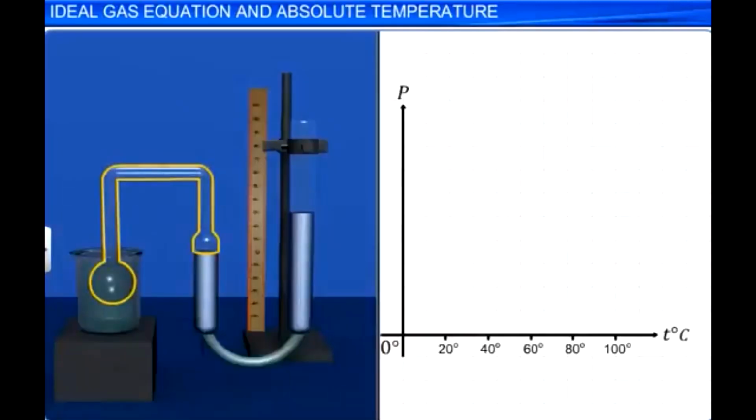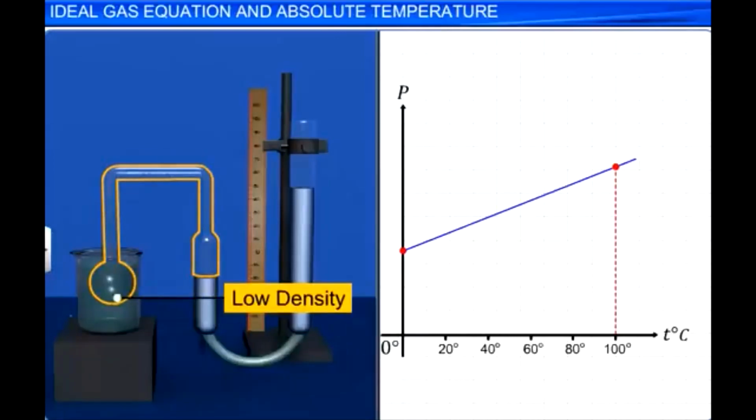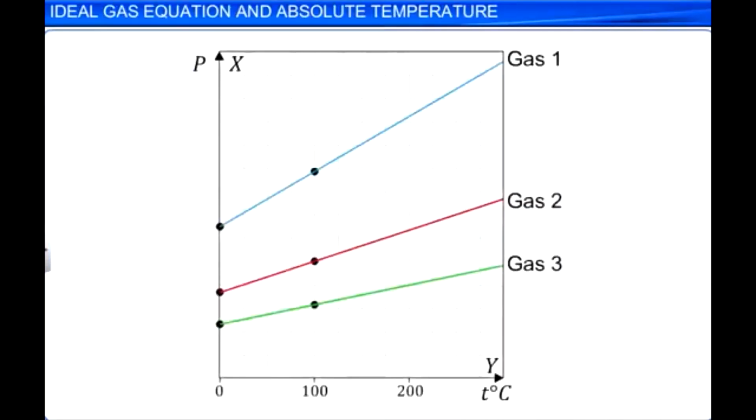When a graph is plotted between pressure and temperature, a straight line is obtained. If the density of the gas is low, the graph will be a perfect straight line for all gases over a large temperature range. Let's look at the pressure-temperature graph for different gases at low density.